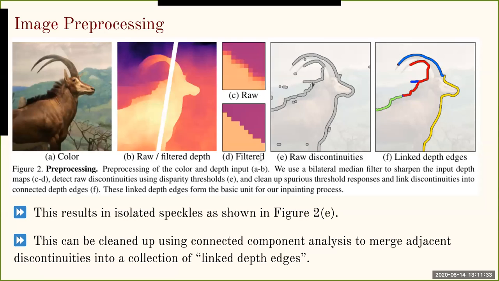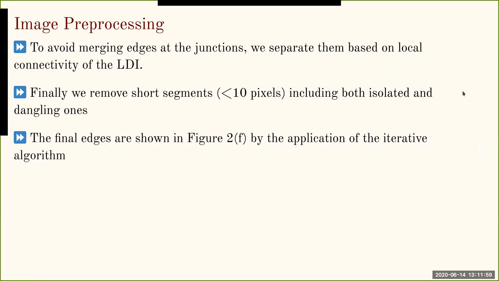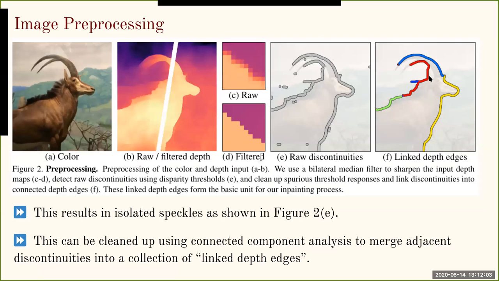We see a merging effect here, so it will be difficult for the algorithm to determine which levels to apply the inpainting algorithm to. So we remove this by applying the LDI components and continue with this depth map. The final edges are shown in 2F, ready for the inpainting algorithm.